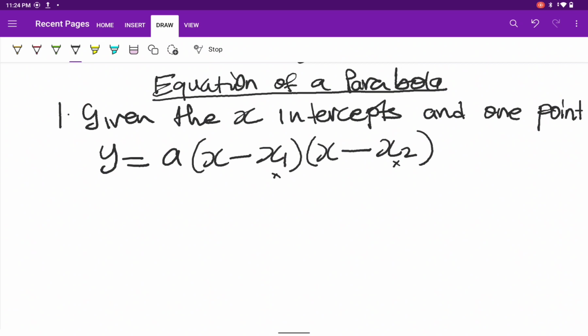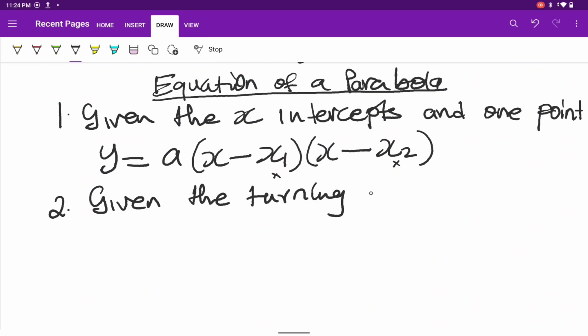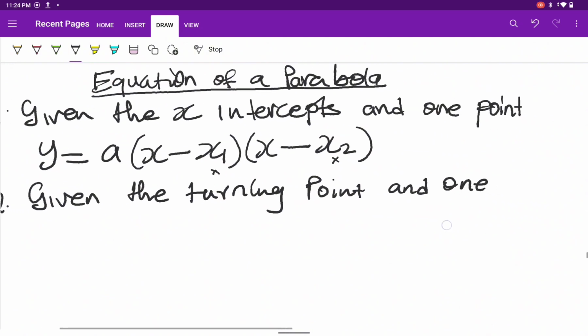Now let's look at another condition. It's when we are given the turning point and one other point.